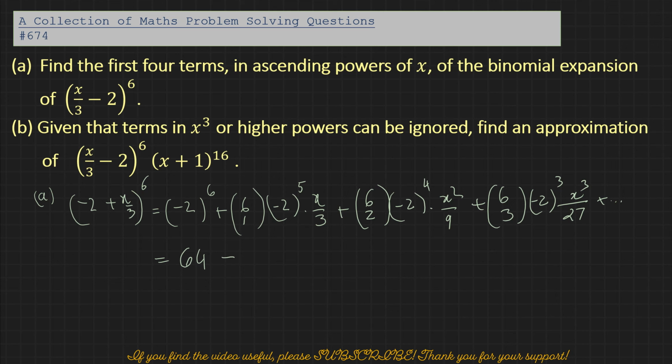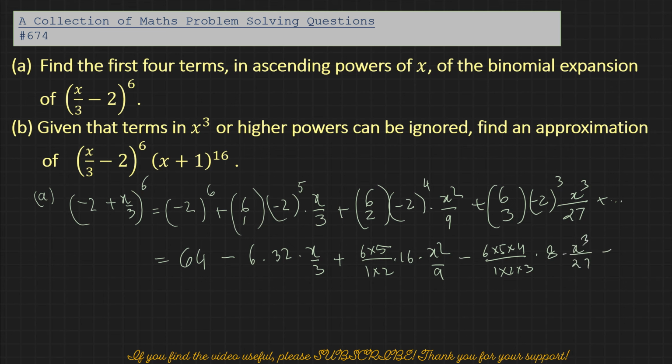That would be 6 times 32 times x/3, plus 6 times 5 divided by 1 times 2, times 2 to the power 4, which is 16, times x²/9, plus 6 times 5 times 4 divided by 1 times 2 times 3, times minus 8 times x³/27.